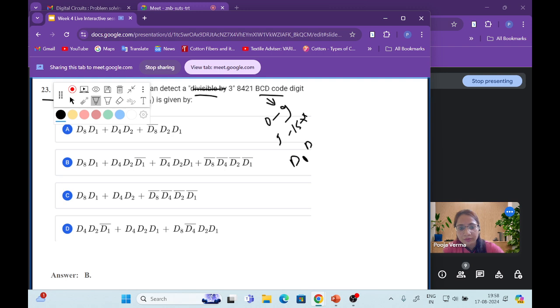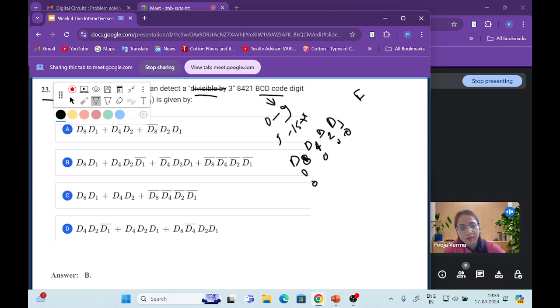D8, D4, D2, D1, this one is 8. Then let's say the output is F. So we write 0, 0, 0, 0.